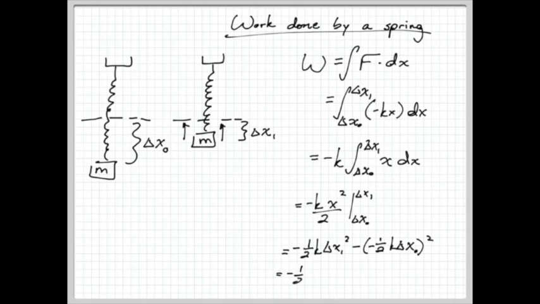Which will be minus 1/2 k, change in x1 squared, plus 1/2 k, change in x0 squared. So then what you see is an expression to calculate the work done by a spring in stretching it or compressing it from an initial position x0 to a new position x1, all measured from equilibrium.